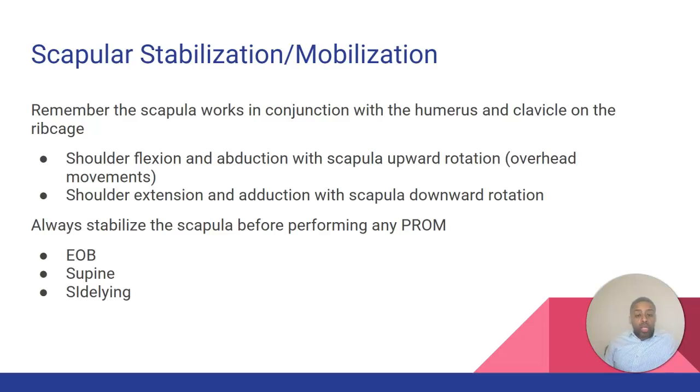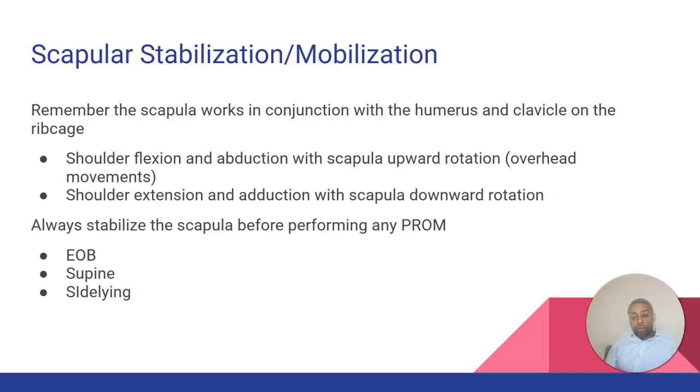When we do passive range of motion, it's important to stabilize the scapula. Again, when we do passive range of motion with people with neurological based arm impairment, hemiparesis, hemiplegia, and all of that, you want to make sure that the scapula is stabilized.